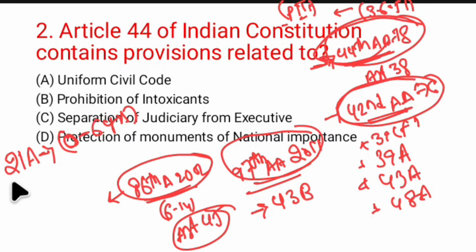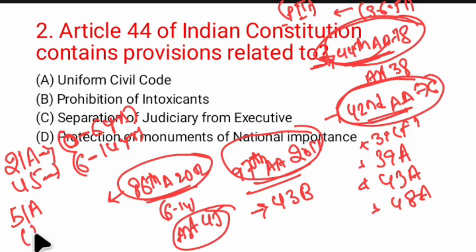And this also brought changes to the fundamental duties, which is 51A clause K, because 10 fundamental duties were present, and this 11th fundamental duty was added through the 86th Constitutional Amendment Act.